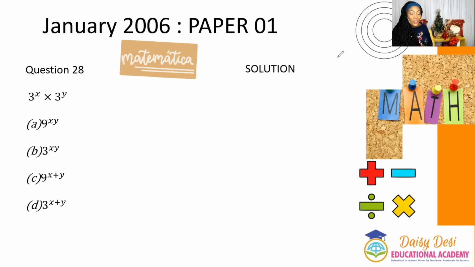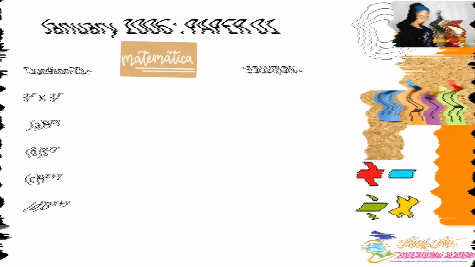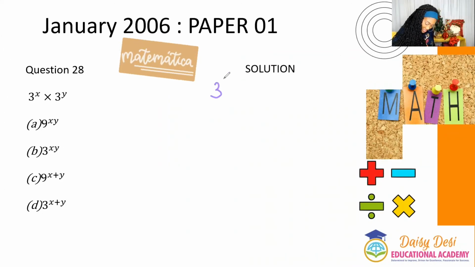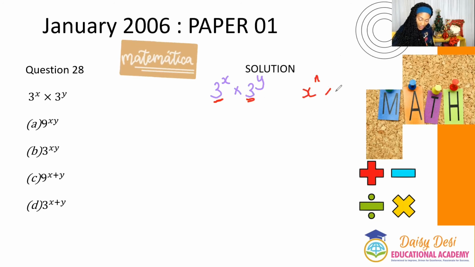This is the January 2006 question 28. Question says 3 to the power of x multiplied by 3 to the power of y. As you can clearly see, they are of the same base. The rule says when you are multiplying indices of the same base, remember you have to add the powers.